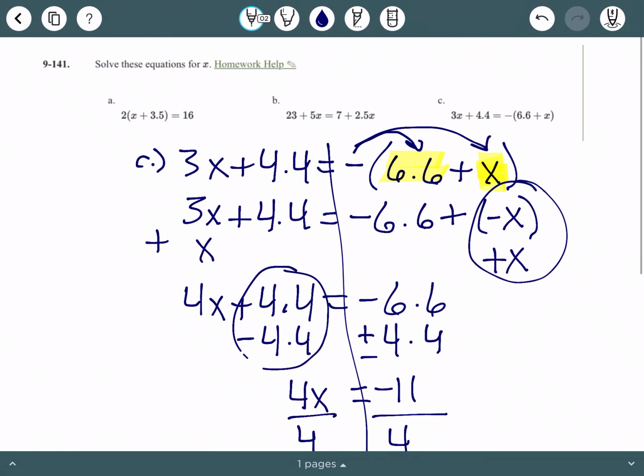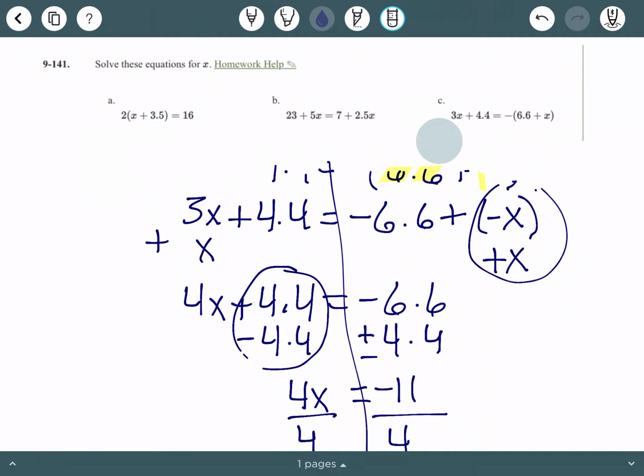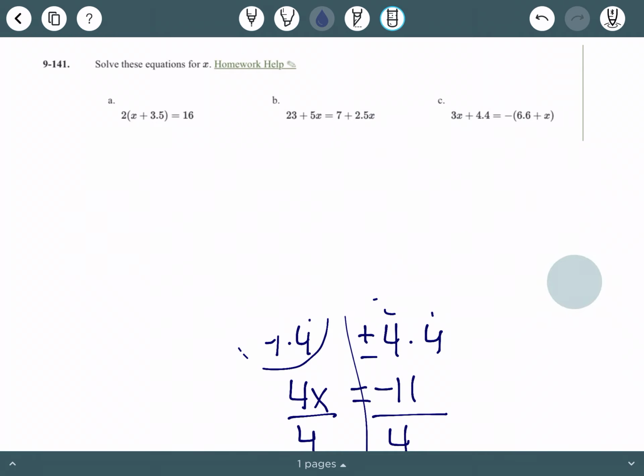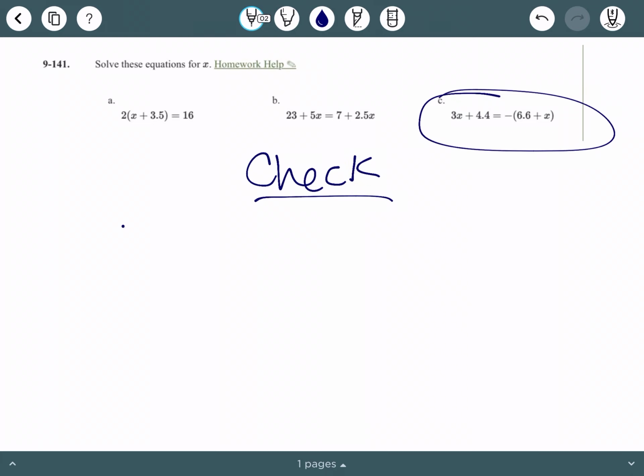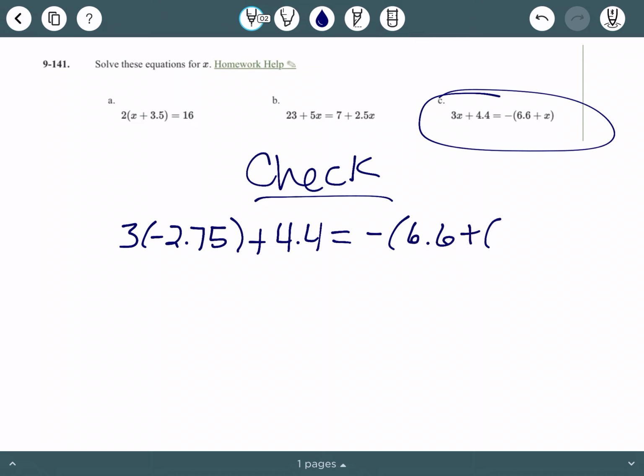All right, and for the check, I'll show you what that looks like here. Let me make some room. All right, and for the check for C, remember you always want to go back to the original equation. So it's going to be 3 times negative 2.75, see how I'm using my parentheses, plus 4.4, and that's going to be equal to a negative 1 times the quantity of 6.6 plus negative 2.75.